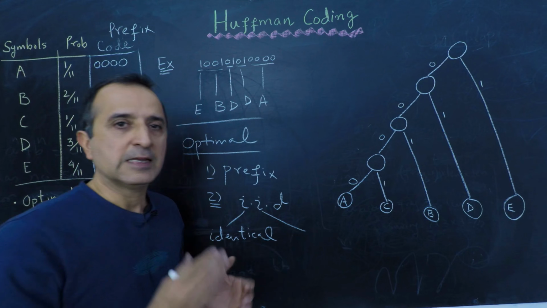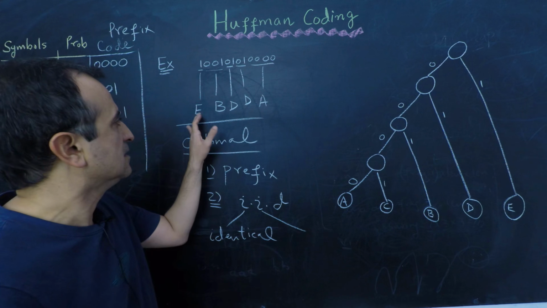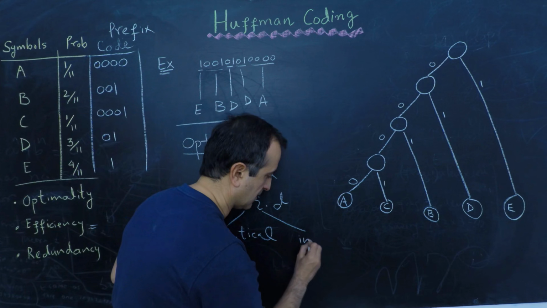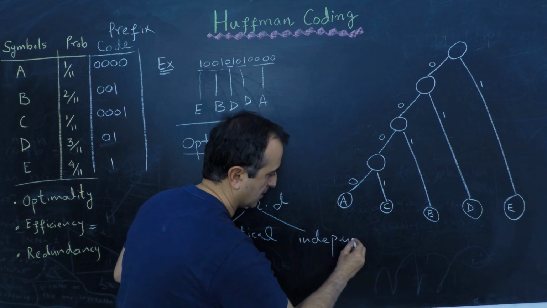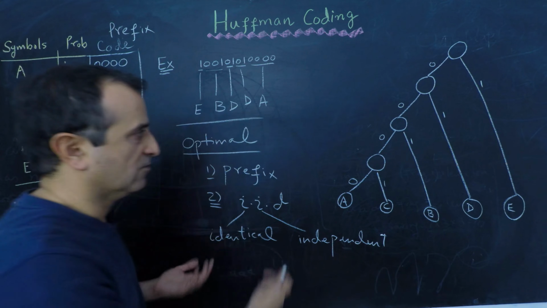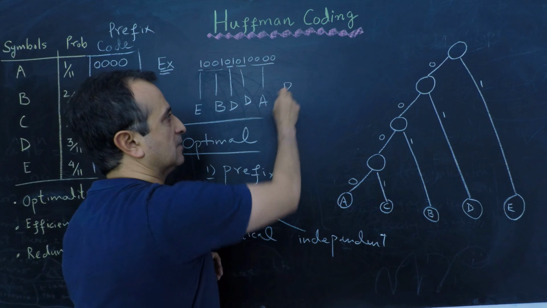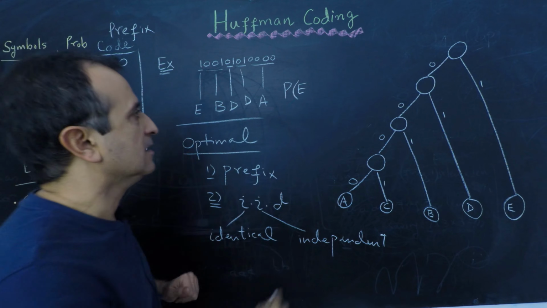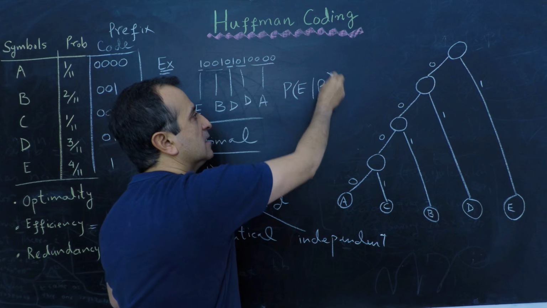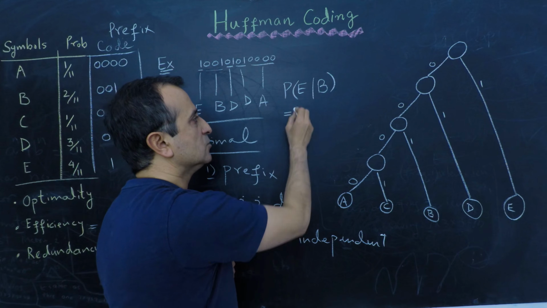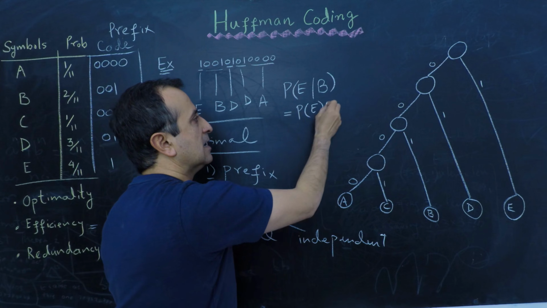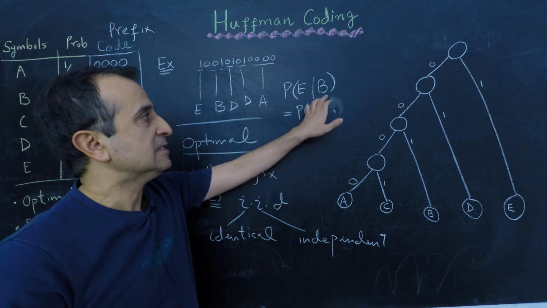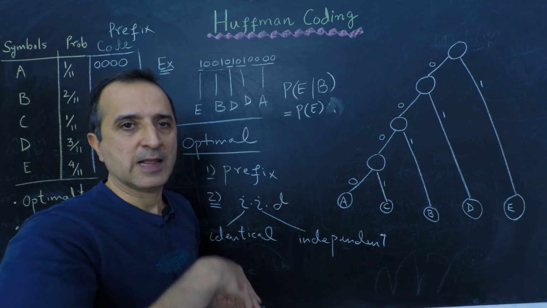Secondly, each random variable must be independent. What we mean by this is that, for example, the probability of E occurring, given that B has already occurred, must be equal to the probability of E. That means this condition will not make any difference.